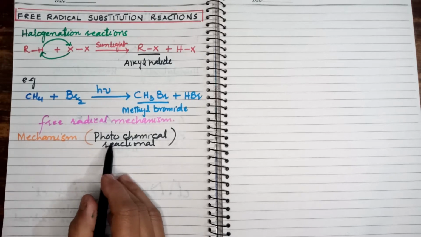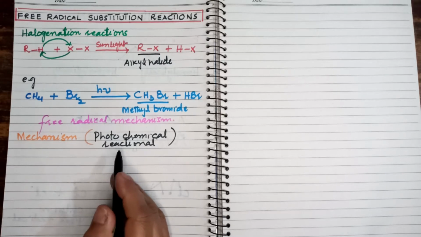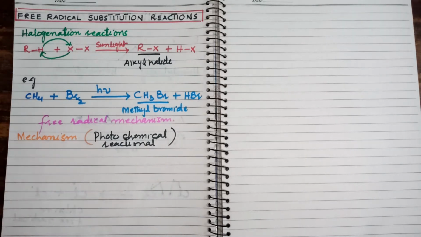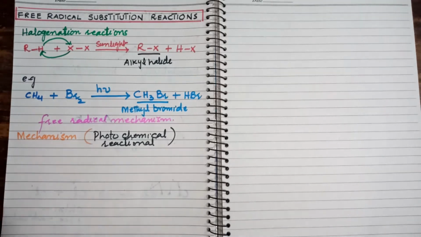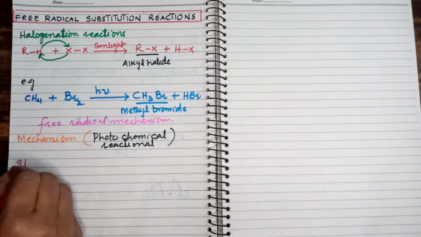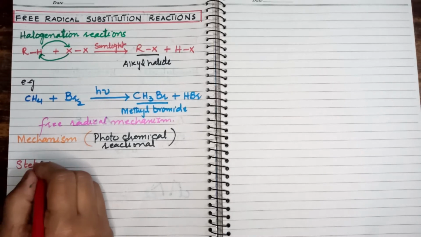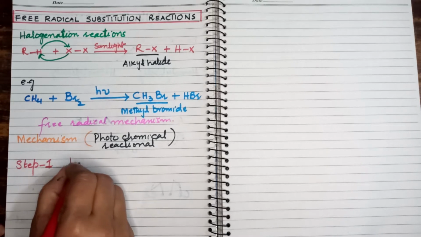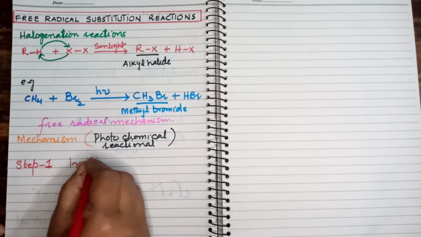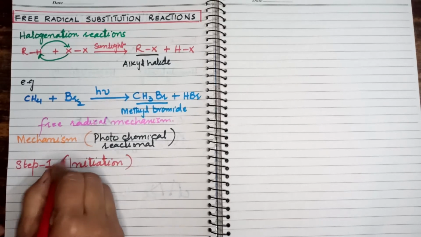This reaction consists of 3 steps. We have 3 steps of the free radical mechanism. One by one we will discuss all the 3 steps. Now the first step of the reaction is known as step 1, initiation. This step is known as the initiation step.